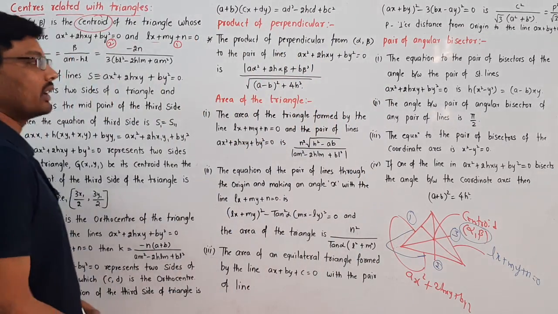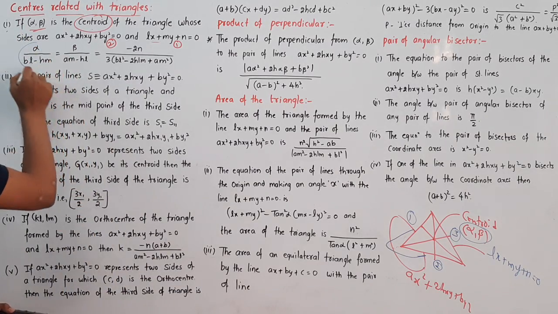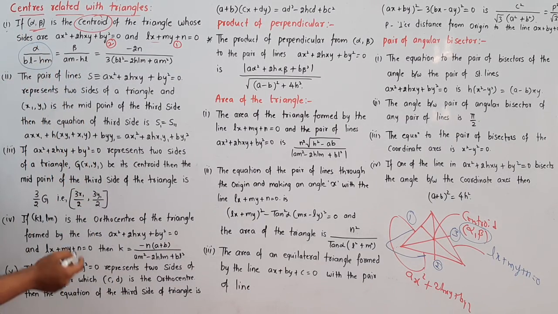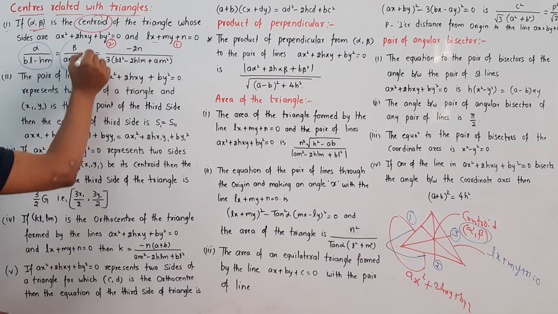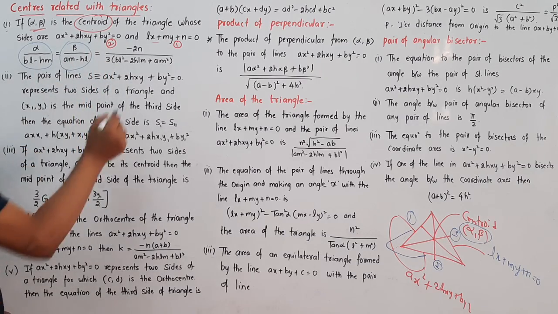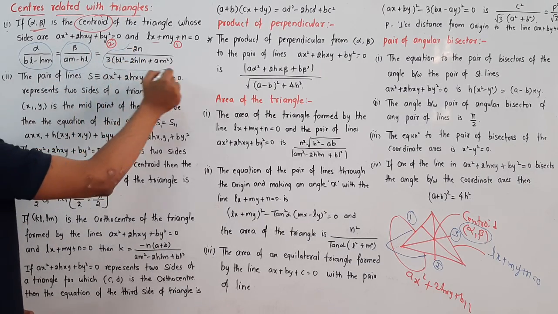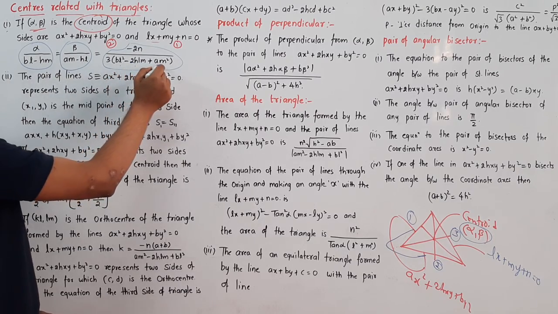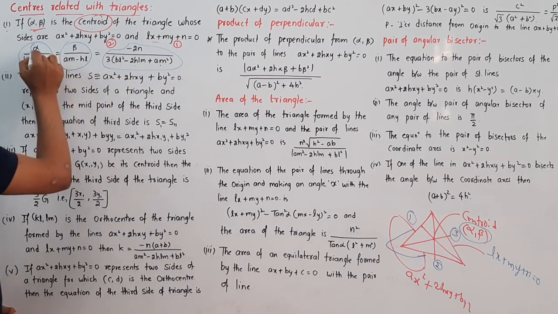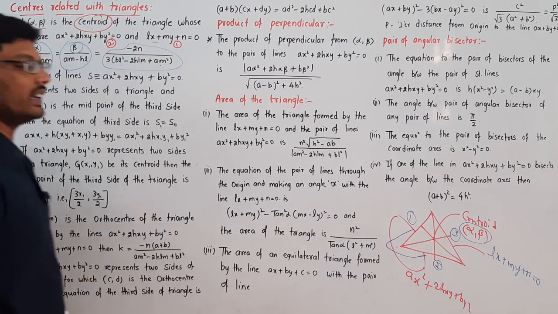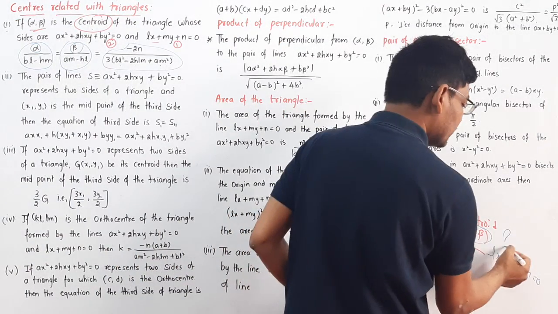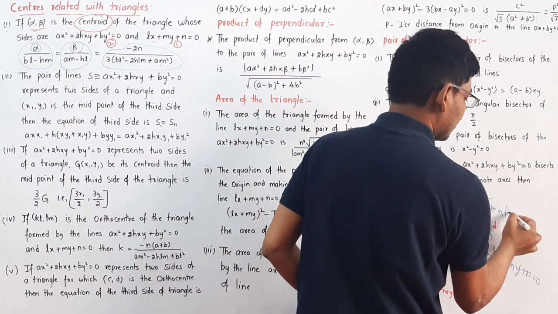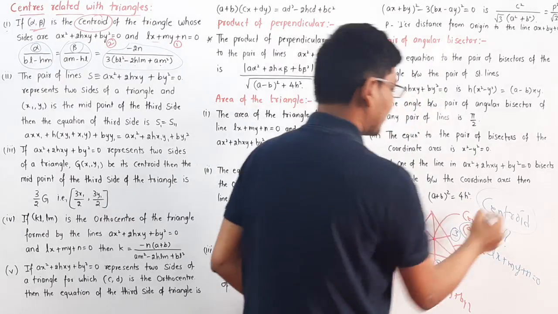Then the condition for this one is alpha by bl minus hm is equal to beta by am minus hl is equal to minus 2n by 3 into bl square minus 2hlm plus am square. Here you can find alpha and beta, that is the centroid of the triangle.